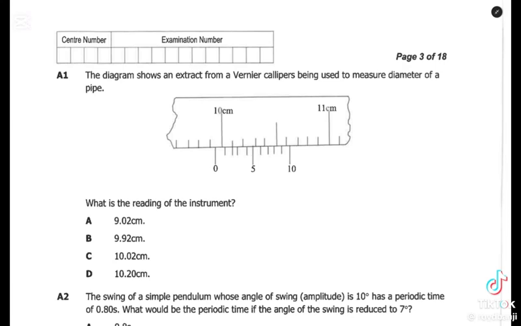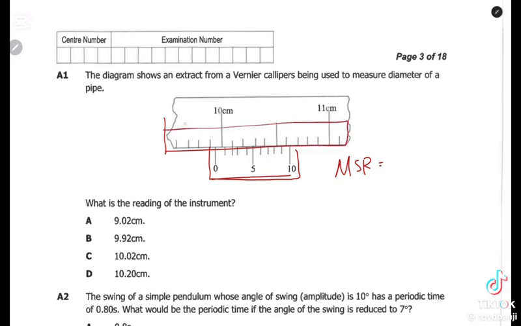So how do you get the reading on the vernier calipers? You need to find the main scale reading, which you pick immediately before the vernier scale. The vernier scale runs from 0 to 10. This down here is the vernier scale, and the one on top here is the main scale.